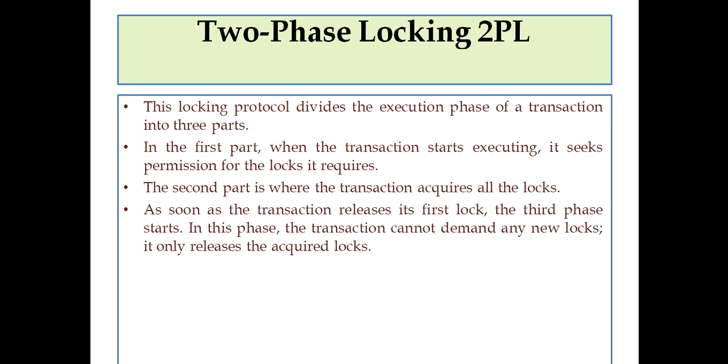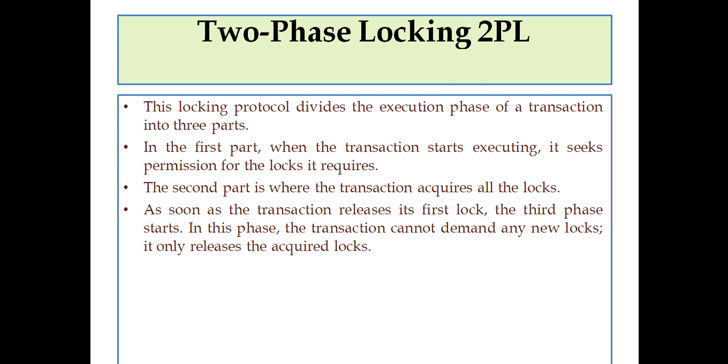First part: when the transaction starts executing, it seeks permission for the locks it requires. Second part: when the transaction acquires all the locks. The third part starts when the transaction releases its first lock, and in this phase it cannot demand any new locks.